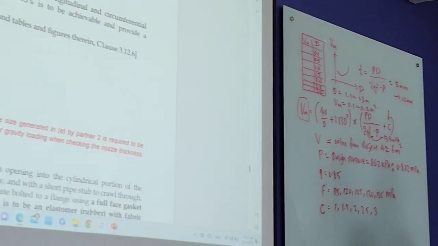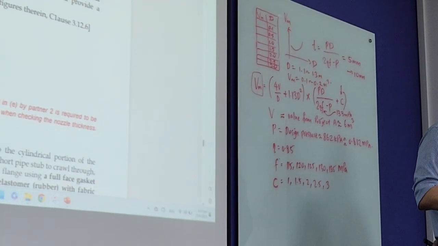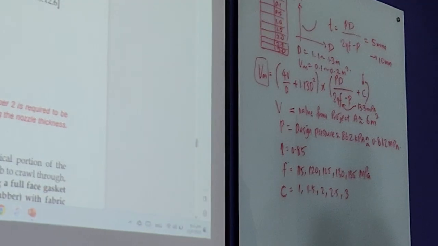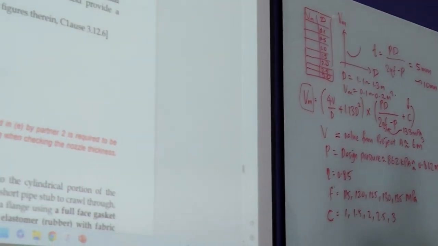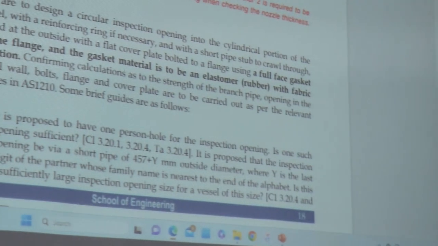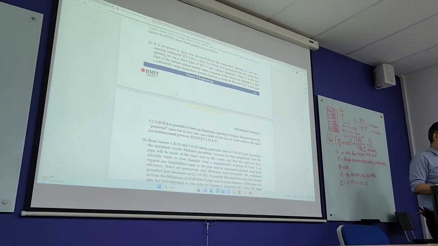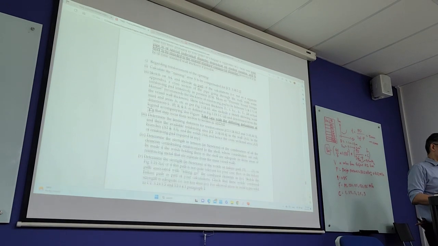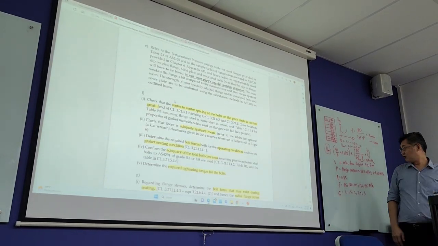Question 4 is easy, just 1 mark. Basically you go to AS 1210, clause 3.5.1 is my answer. Question 5, last week we explained the opening. For this week we want to talk about after opening.